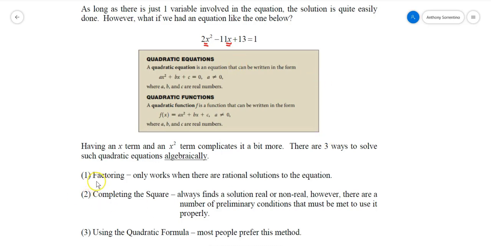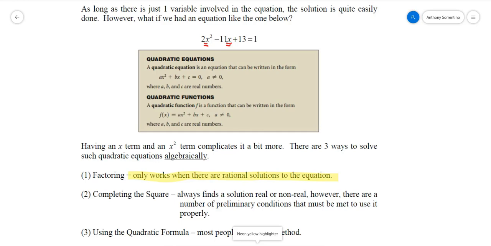I can use a process known as factoring. The issue with factoring, which I'm going to demonstrate, is that it only works when there are rational solutions to the equation. Factoring becomes a way that we shy away from a little bit. Most people do, because until I solve the equation, I don't know if it's going to have rational solutions.